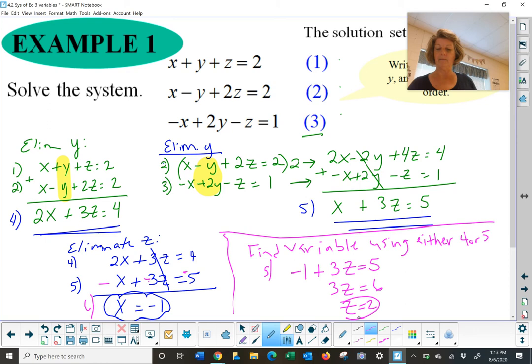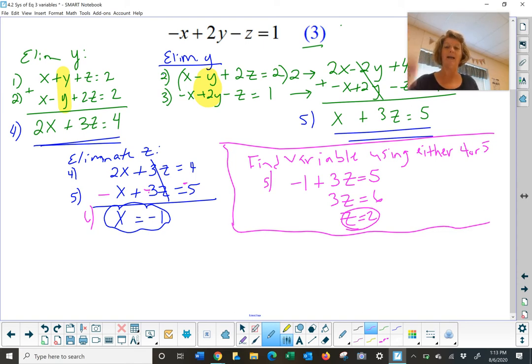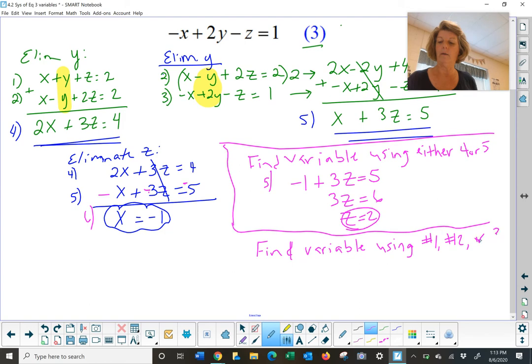Fantastic. Now we have 2 variables, and I climb back up a little bit higher, up out of the well. I'm now up to equations 1, 2, or 3. Find a variable using number 1, number 2, or 3.